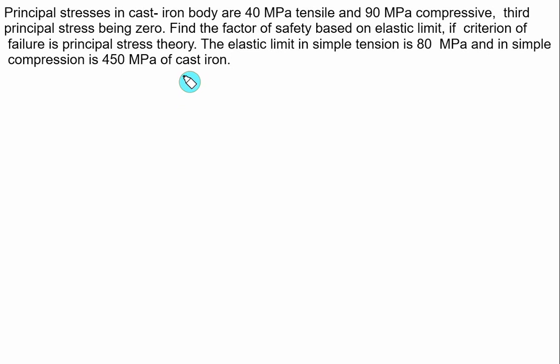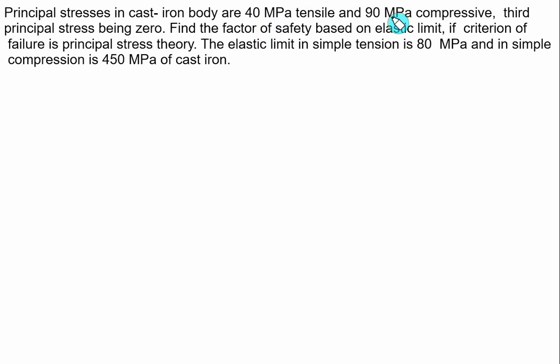Cast iron is a brittle material, and for brittle material SYT is equal to SUT. We have SYT equal to 80, so SUT is equal to 80, and SYC is equal to 450, so SUC is equal to 450.